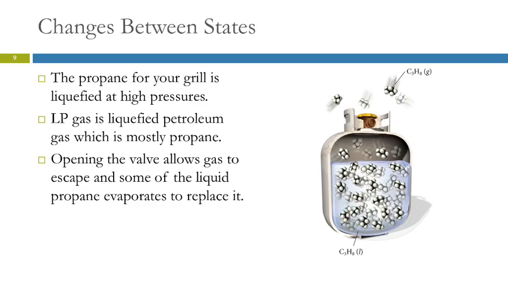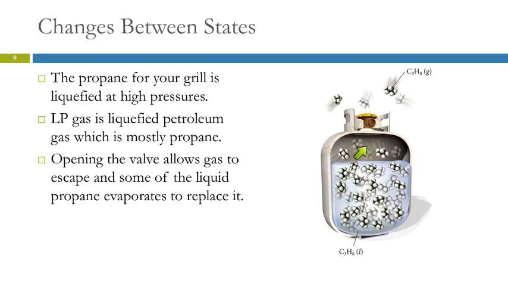The pressure is pushing those molecules close together. When they get close enough together, they will condense into a liquid regardless of their actual temperature. There's just not enough space. You're forcing them to be a liquid. You connect this to your grill. When you open this vent, there are some molecules present in the gas state above the liquid.